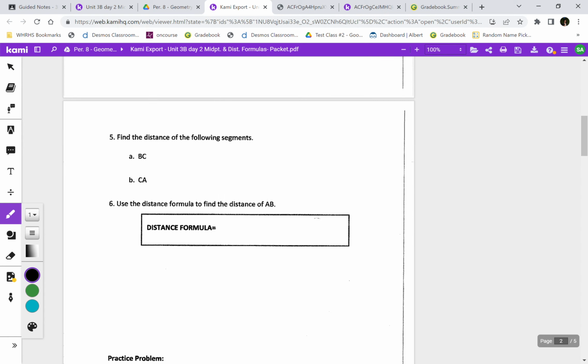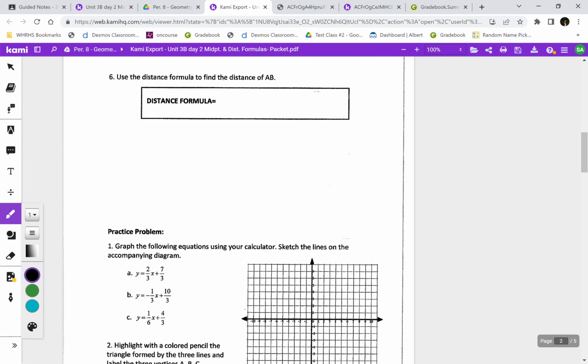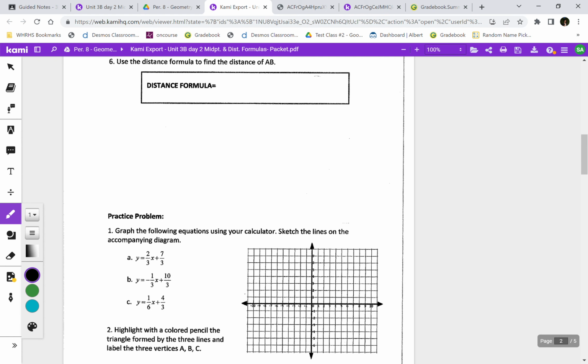So let's go to where it says distance formula. The distance formula is going to be the square root, in parentheses, we're going to have x2 minus x1 squared, close your parentheses and square it, plus the quantity of y2 minus y1 squared, all under the square root sign.